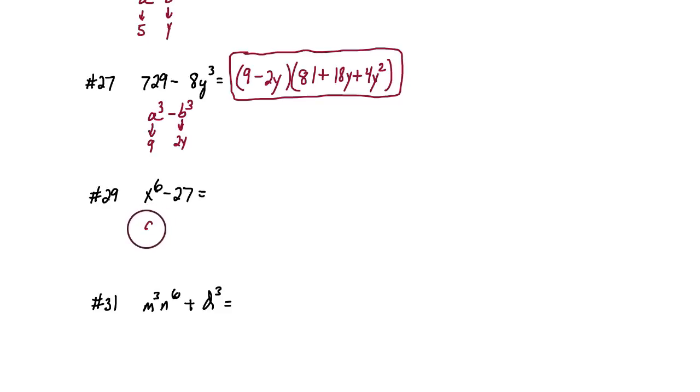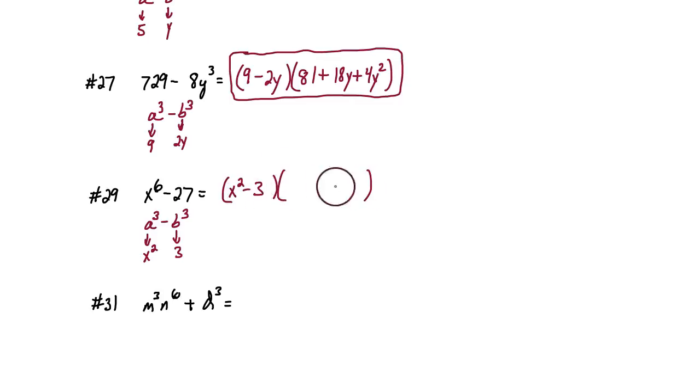So this fits the pattern a cubed minus b cubed, where the letter a is x squared, and the letter b is the number 3. I know it's these two things because when I take the cube root of x to the 6th, I get x squared, and the cube root of 27 is 3. Small parentheses, longer parentheses. Here's the x squared minus 3.